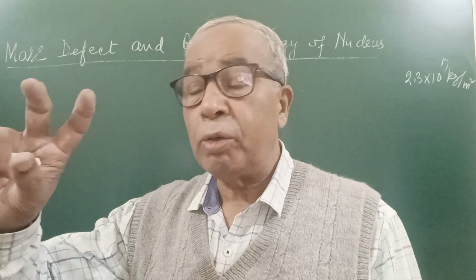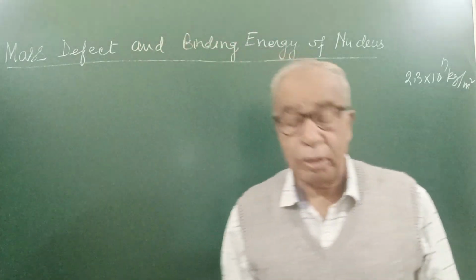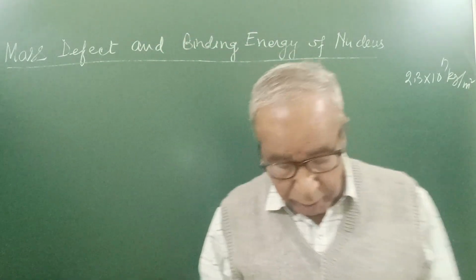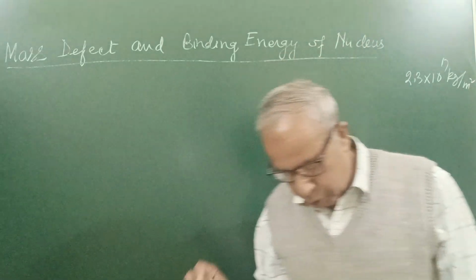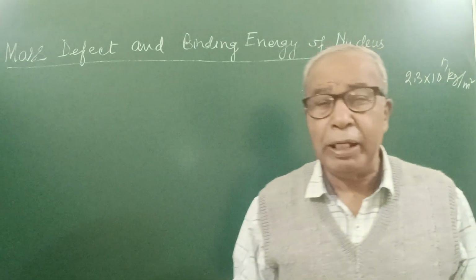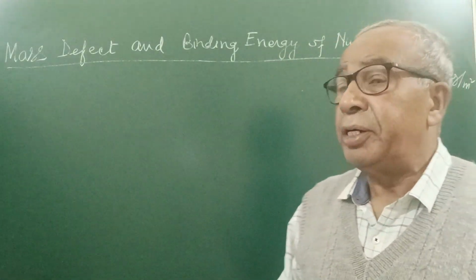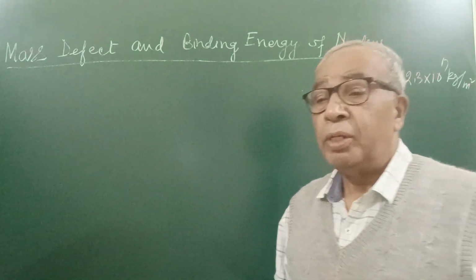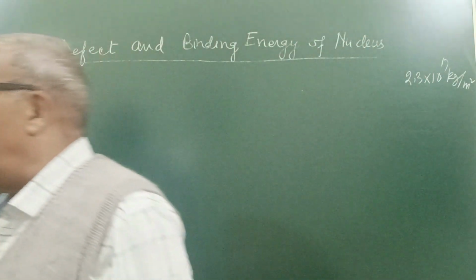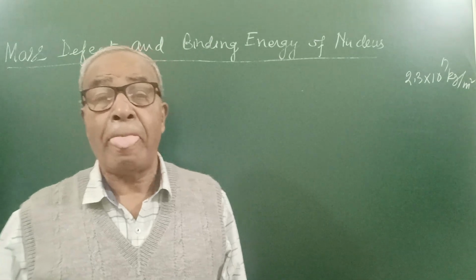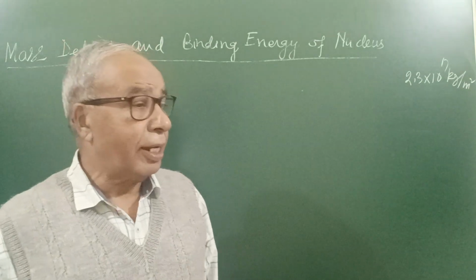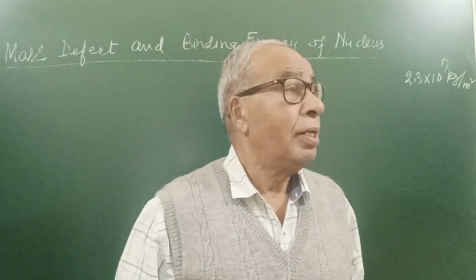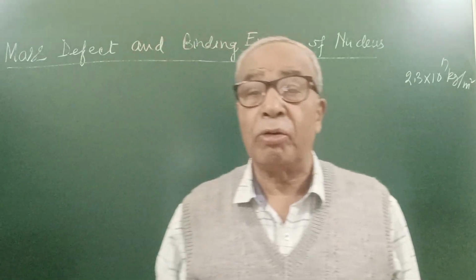So when a nucleon in the nucleus has come very close to the other, at a distance of some Fermi, how much energy is to be released? That energy release cannot be obtained in any chemical change or physical change.